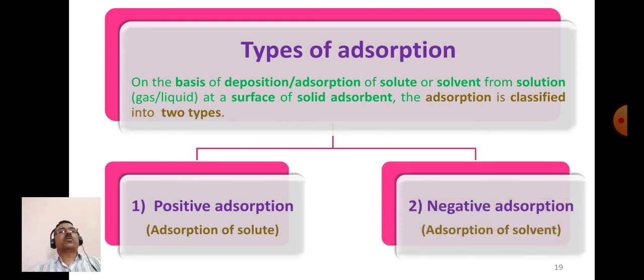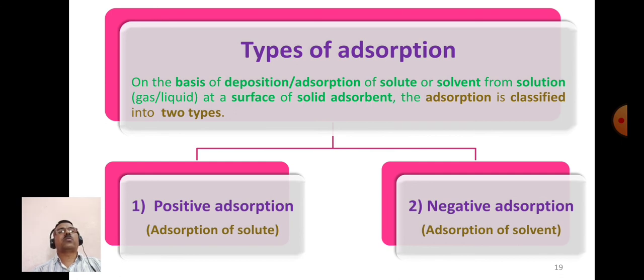Now positive adsorption means when a solution, that may be in gaseous phase or liquid phase, comes in contact with the solid adsorbent. Solution, you know, is a homogeneous mixture of more than two components. If the solute gets accumulated at the surface of the adsorbent, then that adsorption is known as positive adsorption.